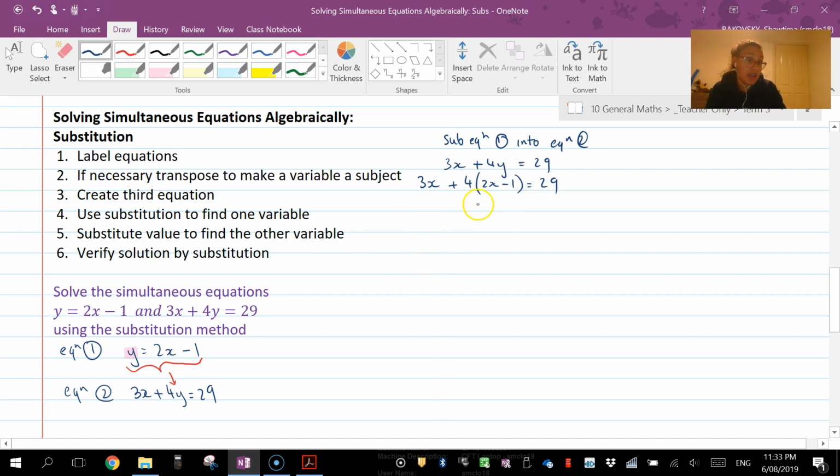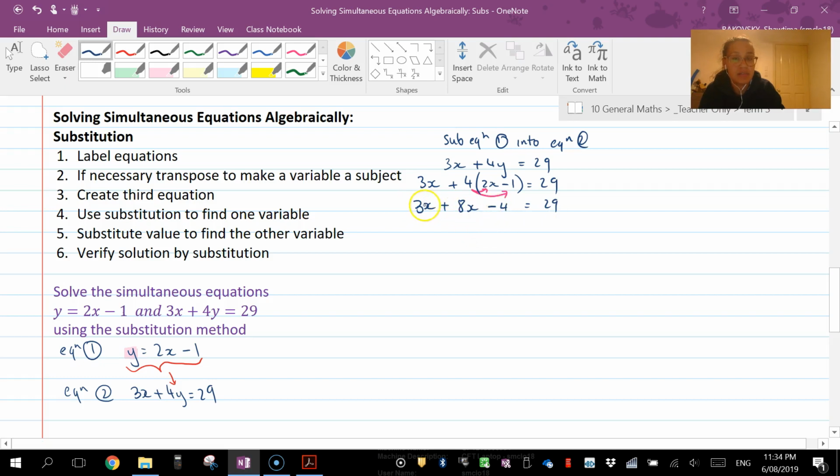Now we solve this like an algebraic equation. I'm going to use my handy dandy pink pen to expand these brackets. So Oprah Winfrey this. Everyone gets multiplied by 4 in those brackets. So that gives us 3x plus 8x, positive 8, and negative 1 becomes a negative 4, equals 29.